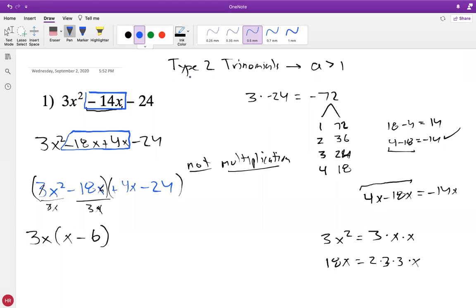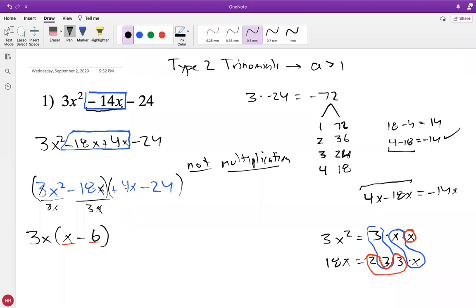And the things that are common to both of these are this 1 3 here and this 1 x here. And so that's where this 3x came from. I took the greatest common factor. Then the thing that's left over in the first term is just x. The leftovers I'll do in red. There's an x here, that's where this x came from. And what's left here is 2 times 3, which is equal to 6.